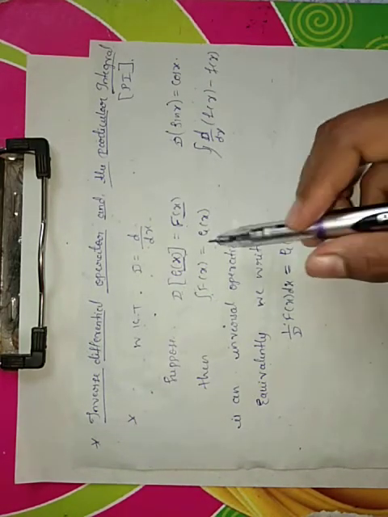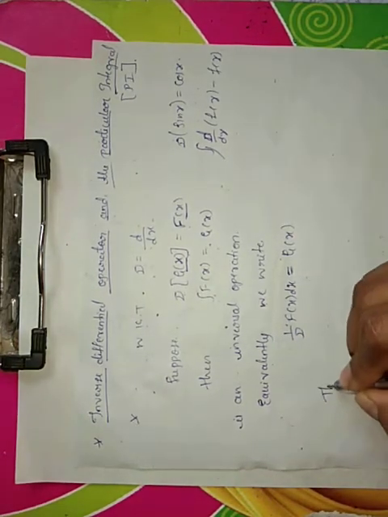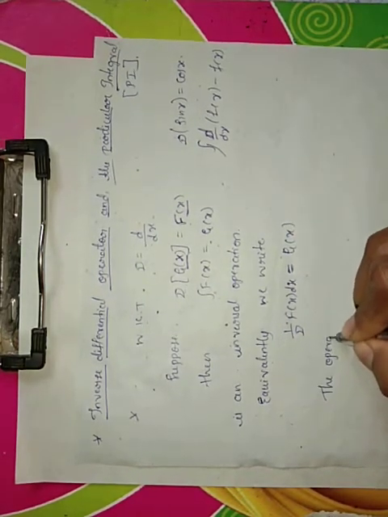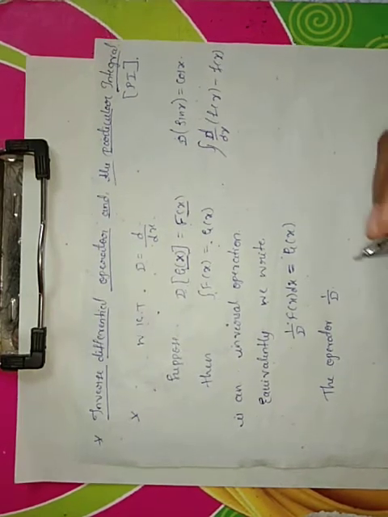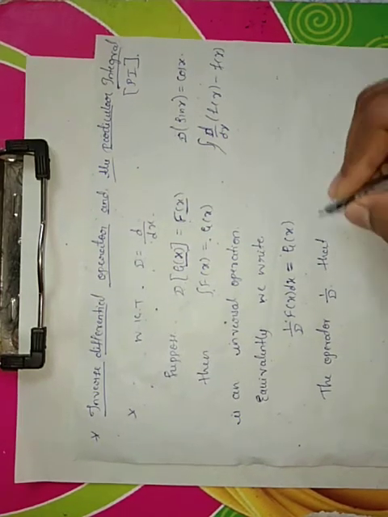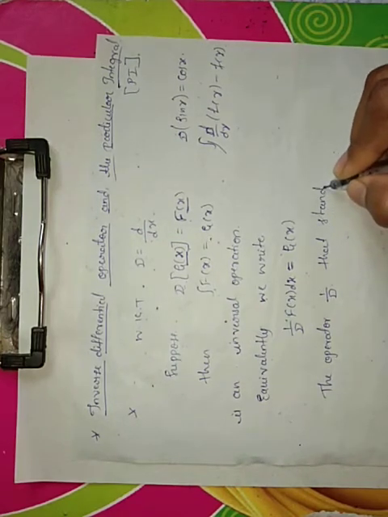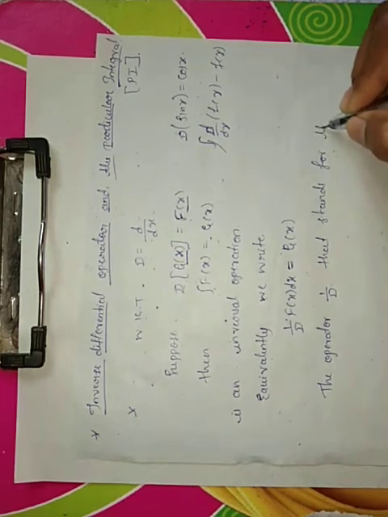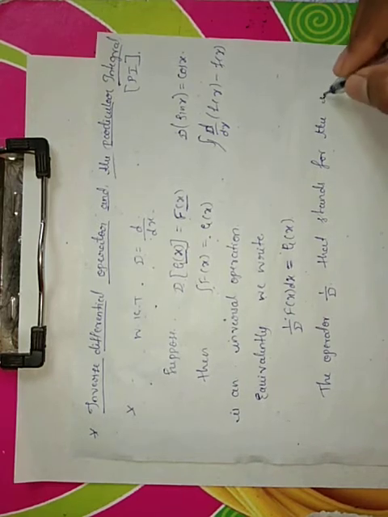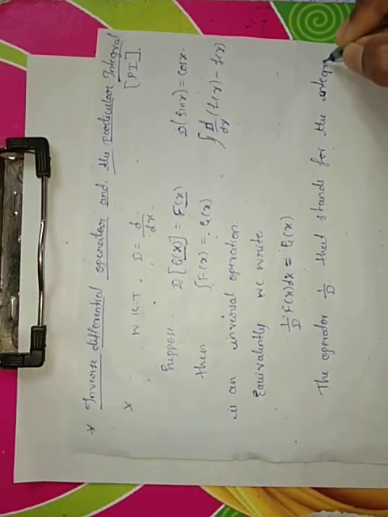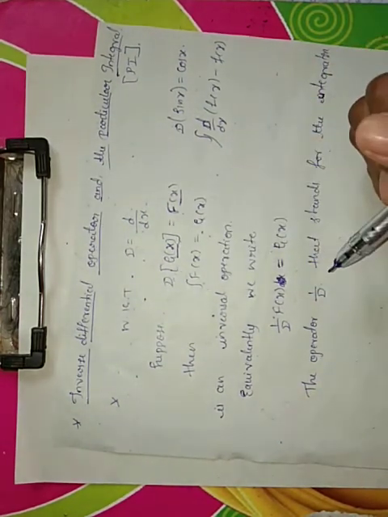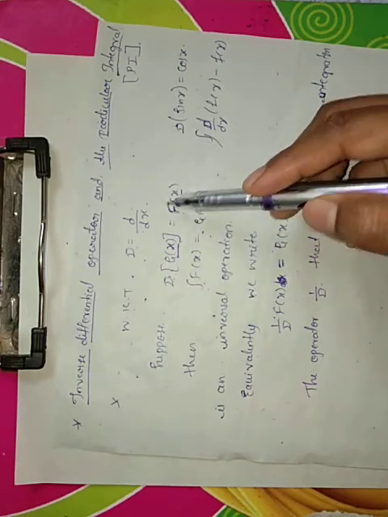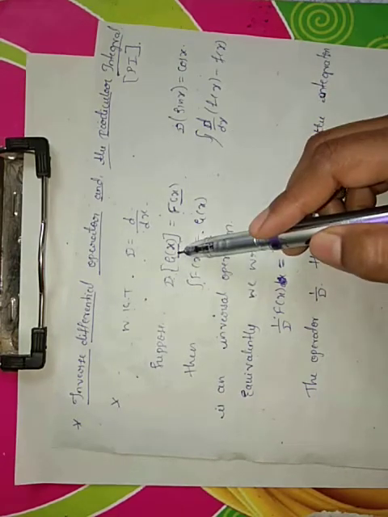Now we have to compare it here. The operator 1 by D stands for the integration. Just take 1 by D onto the RHS side, take this D on this side: 1 by D f of x is equal to g of x.